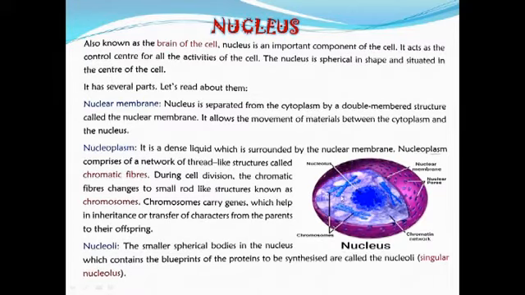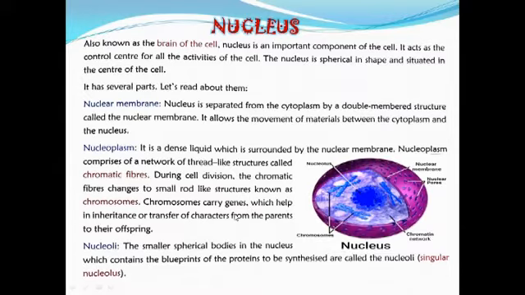Okay, I gave you the example in the live class that the color of the eye, the face, some of the characters, they inherit from their parents, fathers and mothers.